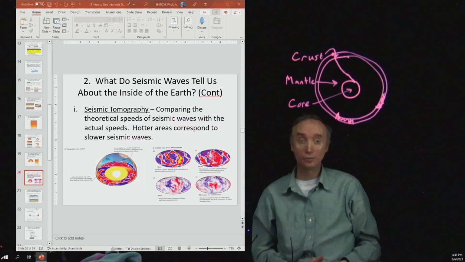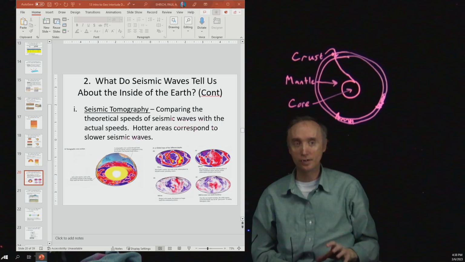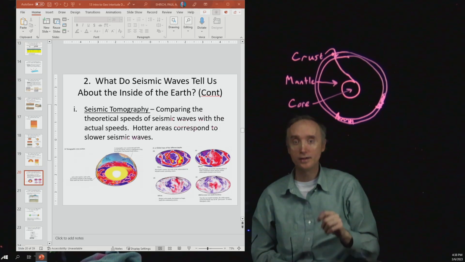And what we found was that the theoretical speed sometimes did not match the actual speed of the wave. So we found that in certain parts of the Earth, seismic waves travel faster, and in certain parts of the Earth, they travel slower than what we think they should.